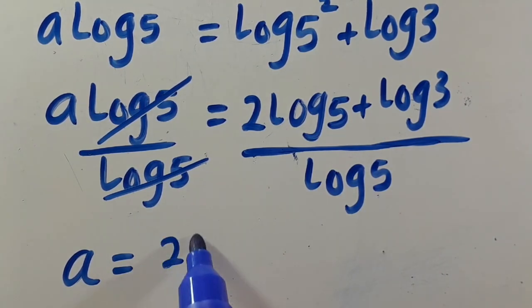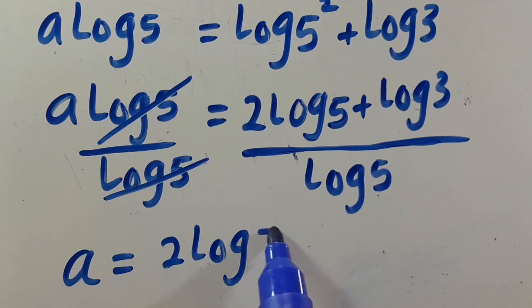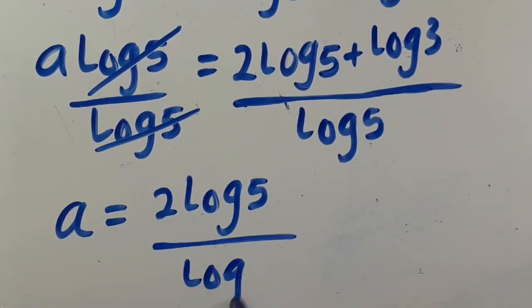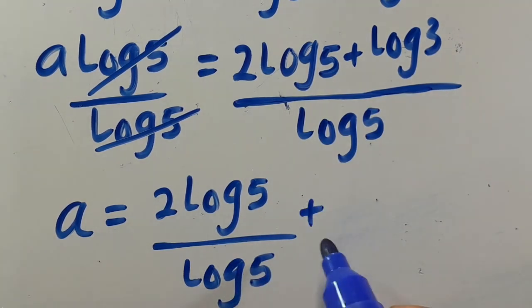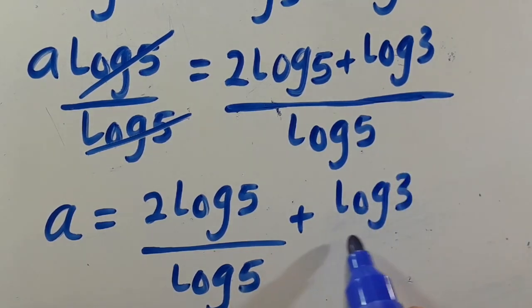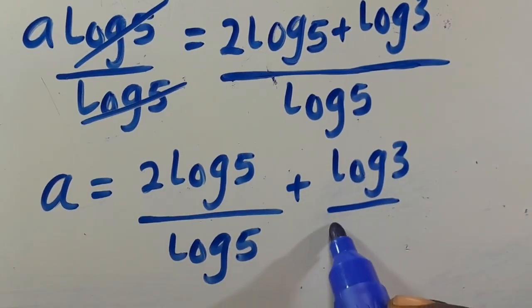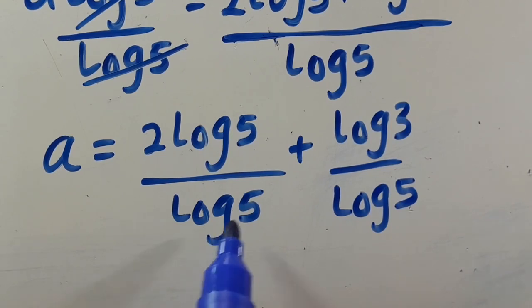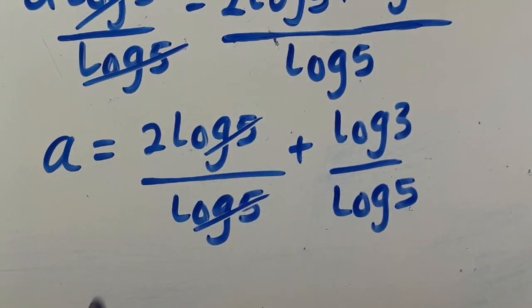We have 2 log 5 divided by log 5 plus log 3 divided by log 5. This log 5 and log 5 here we cancel.